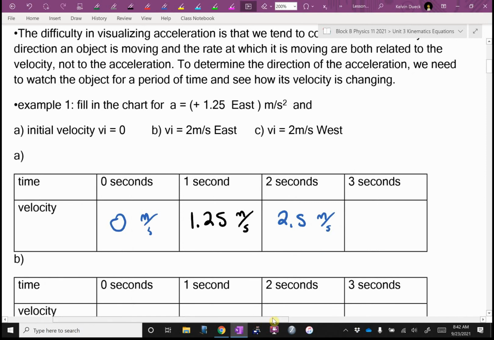Keep the pattern going. 3.75. For some reason, I went every other one black, so let's be consistent. What about after 1,000 seconds? Do I need to find the previous 999 seconds, or please God, let there be a shortcut?